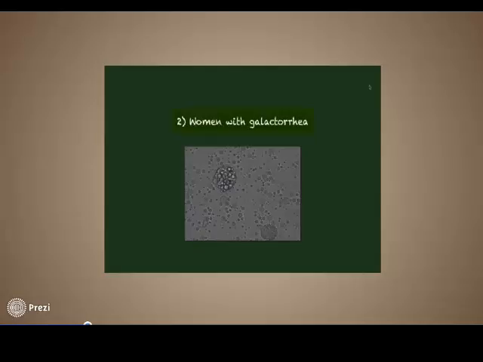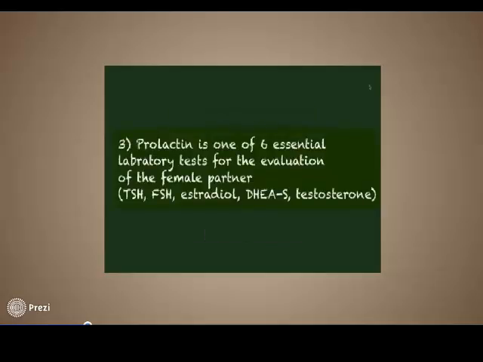And in the third case, you might want to measure prolactin in a woman who is experiencing infertility, since prolactin is one of 6 essential laboratory tests for the evaluation of the female partner, along with TSH, FSH, estradiol, DHEAS, and testosterone.